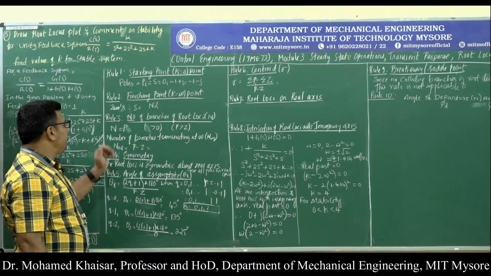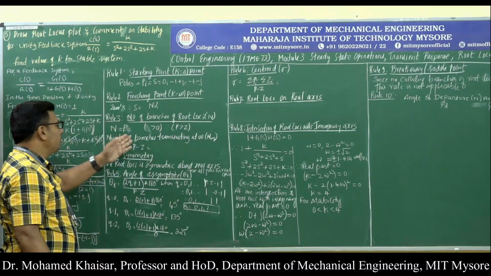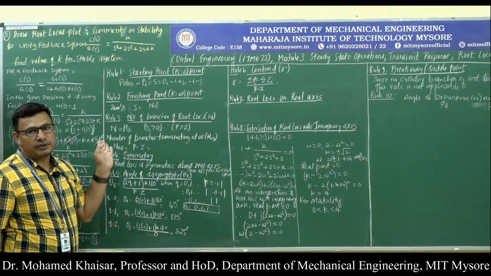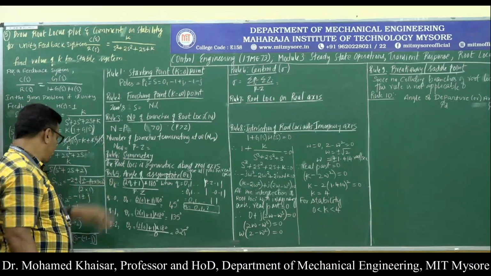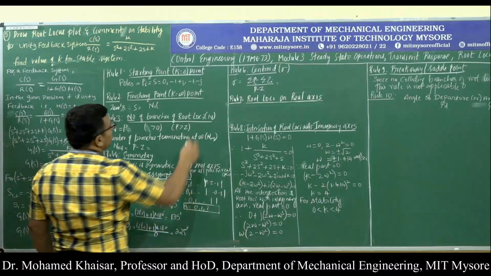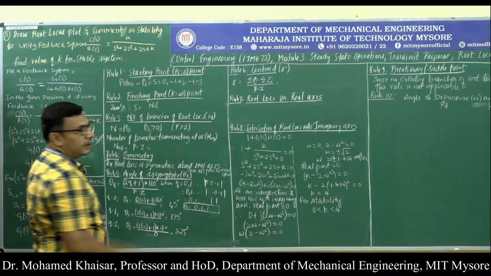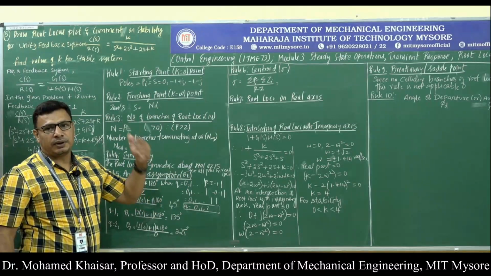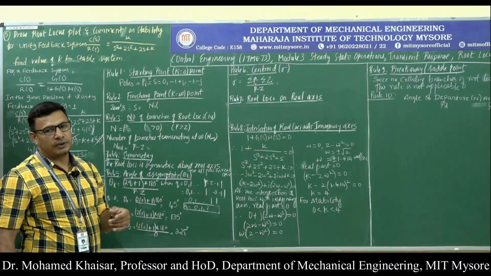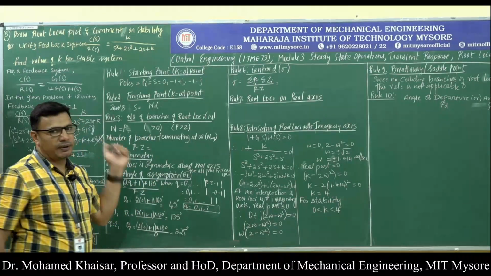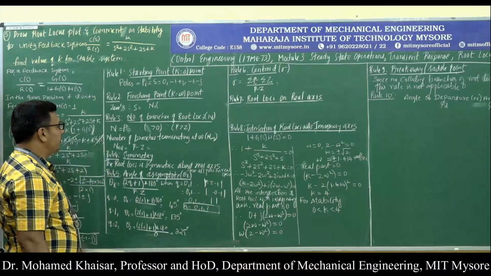Then, how many branches of root loci are there? N is equal to P if the number of poles is greater than the number of zeros. We haven't written here what the poles and zeros are, how many poles P and number of zeros Z, but we have gone through many problems now, so we can straight away take it.